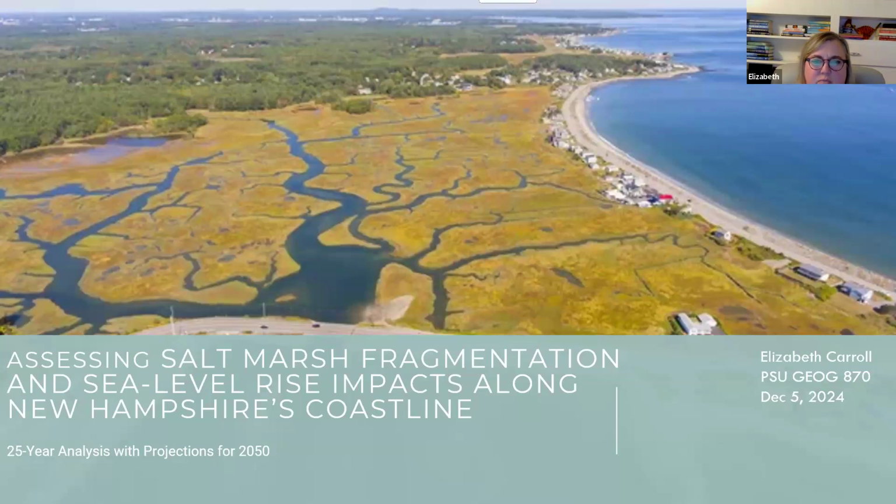And I'm really interested in birding. So I was just wondering what was happening to the bird habitats, what the habitats have looked like in the past. And that's really been the driving force behind this project. So I'm assessing salt marsh habitat fragmentation and sea level rise impacts along the New Hampshire seacoast.